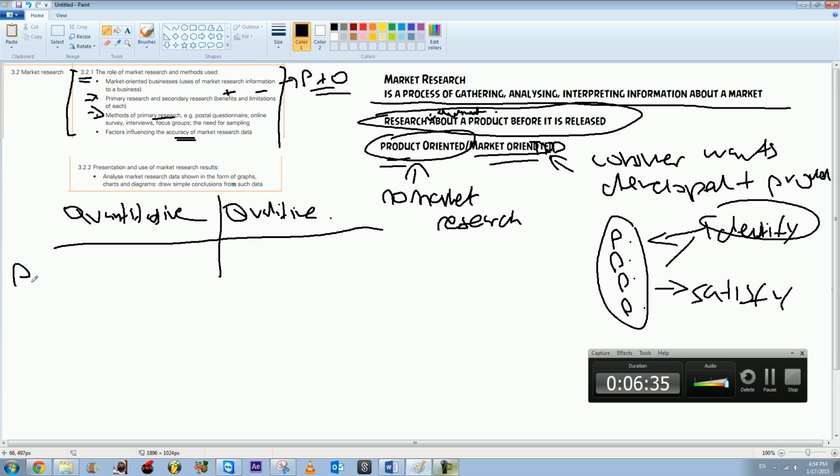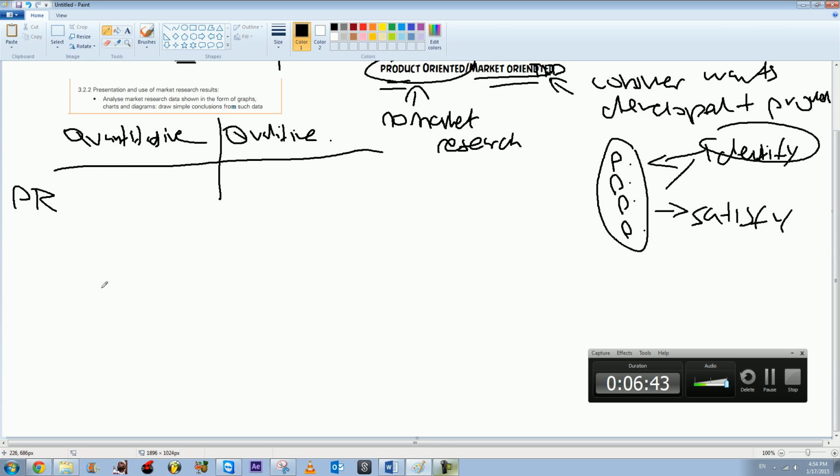So we could talk about primary research. The difference between primary research and secondary research is that primary research is first-hand. Primary research is the collection and collation of original data, which is first-hand, through direct contact with potential or existing customers.